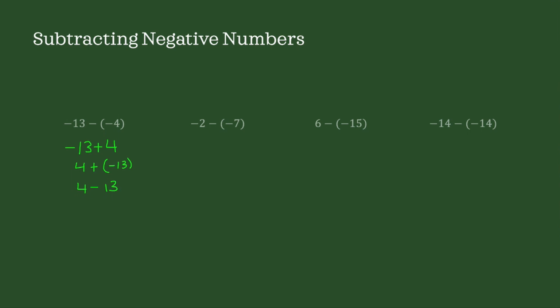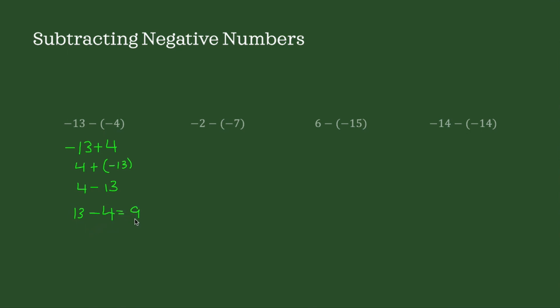So a number line is most helpful in this case, but I'm going to show you a way that will not use a number line just to save you time. But if you don't get it, a number line is perfectly fine when you're getting introduced to it, and you can go ahead and use that instead. So what I do when I encounter such problems is I subtract 4 from 13, ignoring the negative sign. So 13 minus 4 is equal to 9.